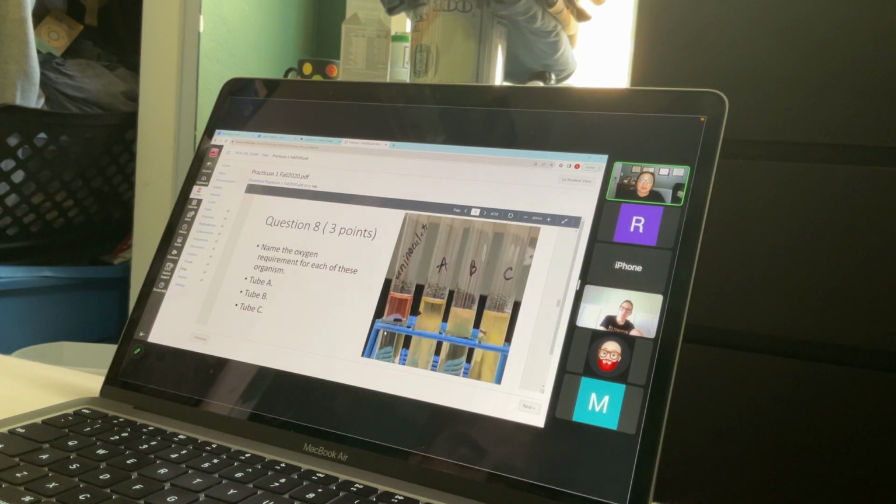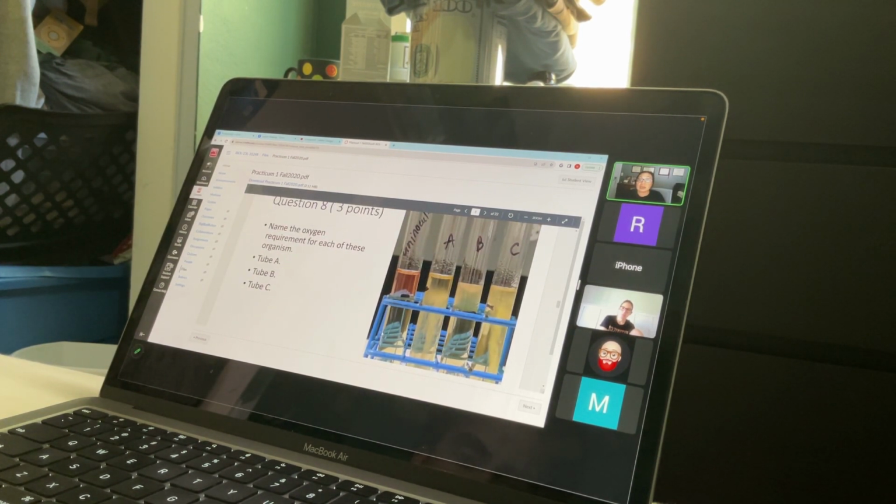Okay. The next slide contains thioglycolate tubes A, B, and C with different growth patterns, and I'm asking you to please name the oxygen requirement for each of the organisms.